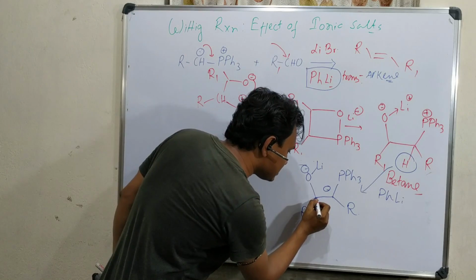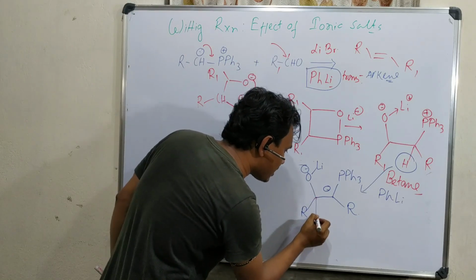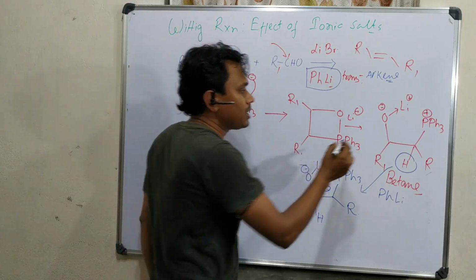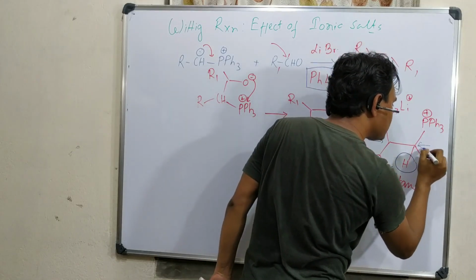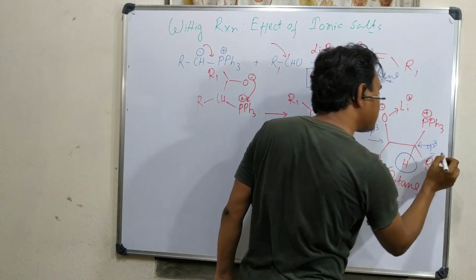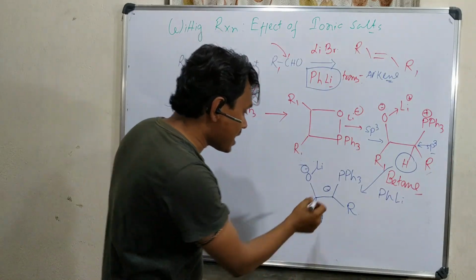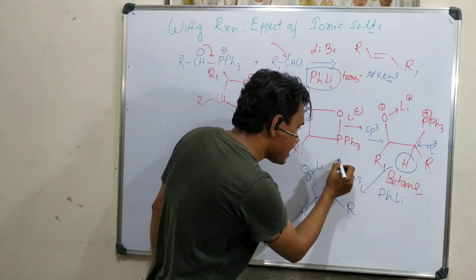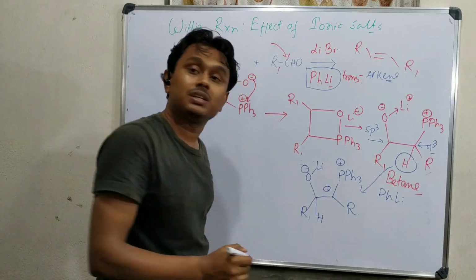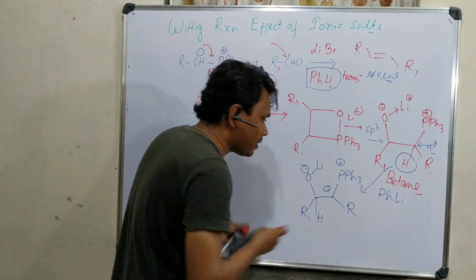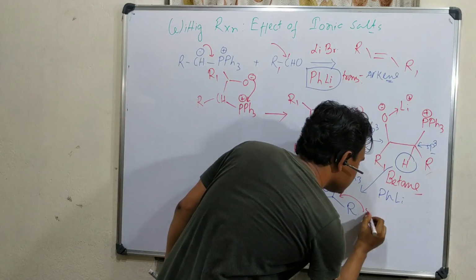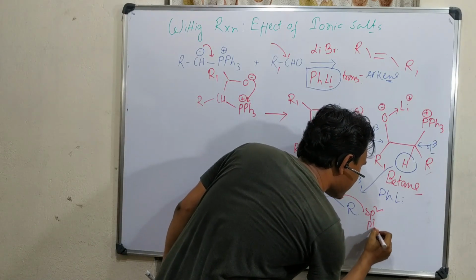Now right now you can see here is one hydrogen, one phosphorus. Previously it was an sp3 center, so stereochemistry was written here. But right now this carbanion is an sp2 hybridized center, so it is planar.